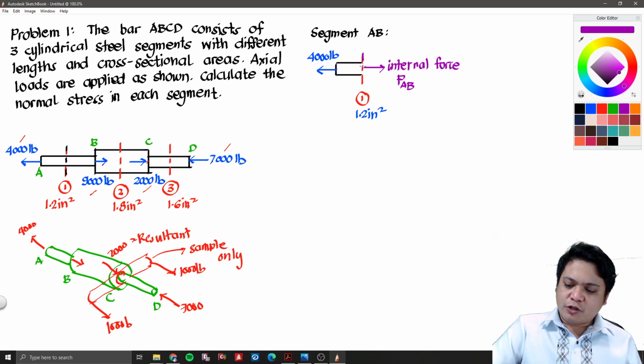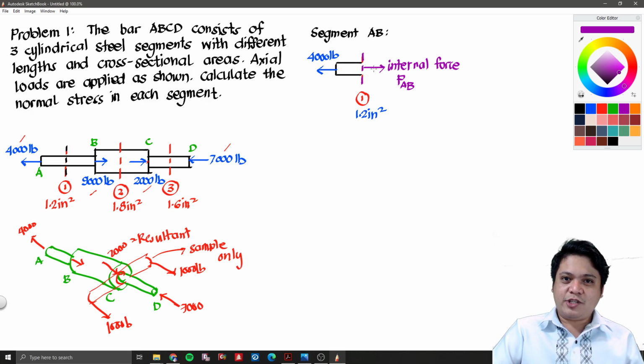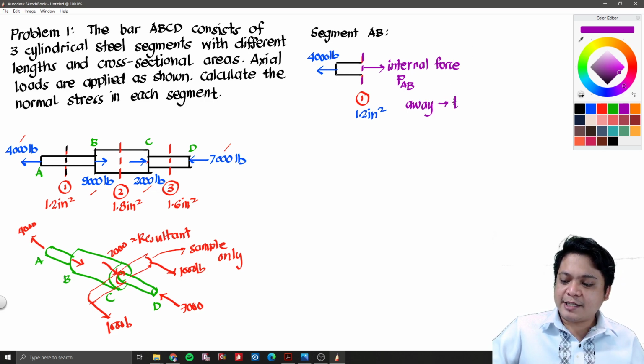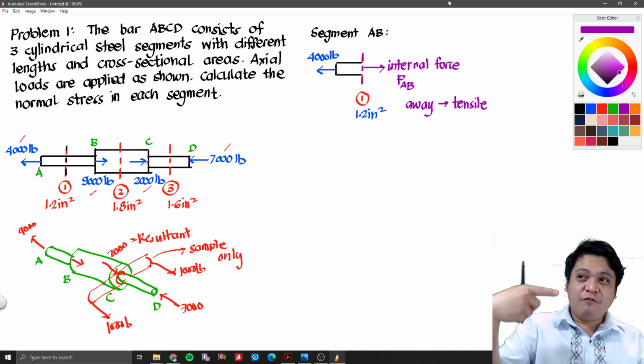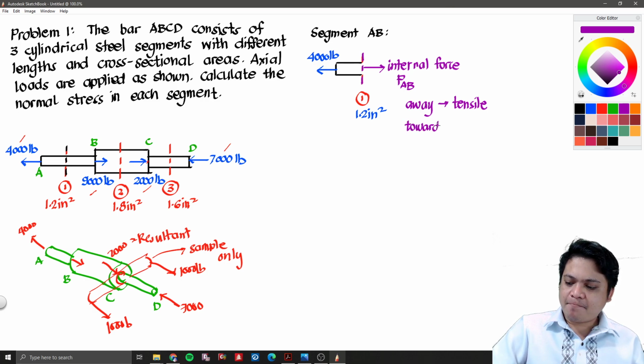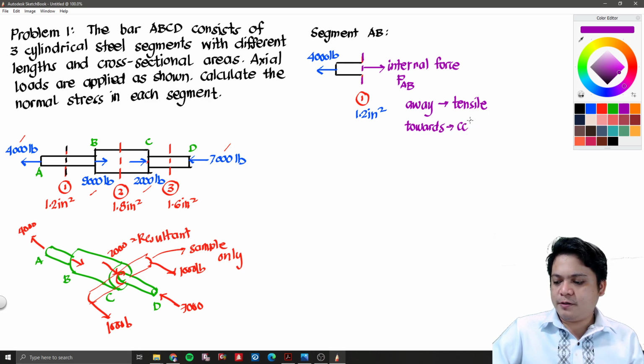Kung ito yung cross-section area mo, tapos yung arrow na na-create ng internal force is away. Okay? Away. Okay, ang tawag natin sa kanya is tensile. Okay? And then kapag ang force mo naman is moving towards, 'di ba, dun sa statics nyo, moving towards the plane, okay, ang tawag natin niya is compression or tinutulak. Or compressive.